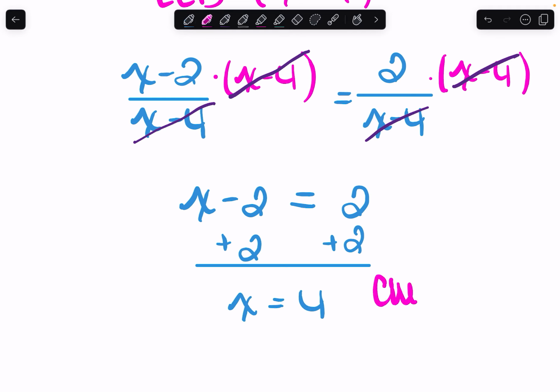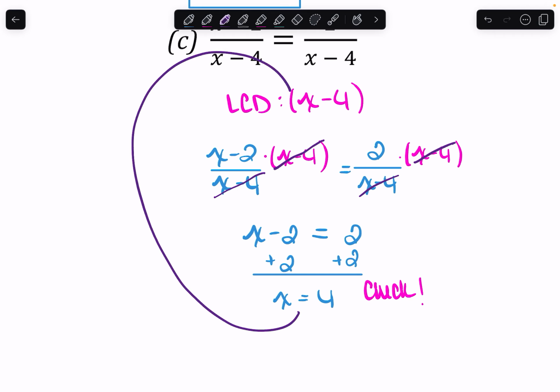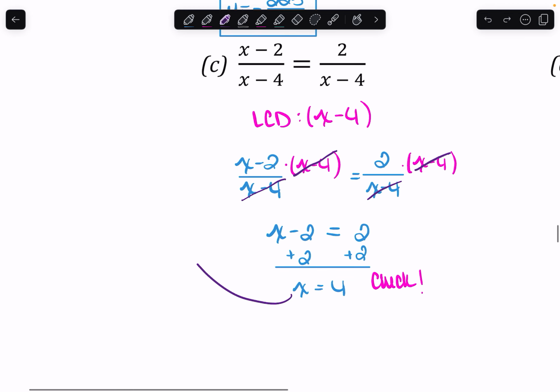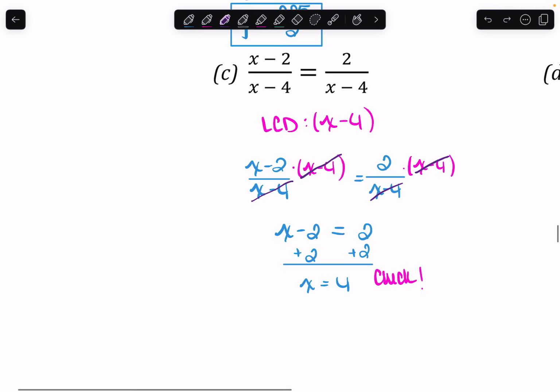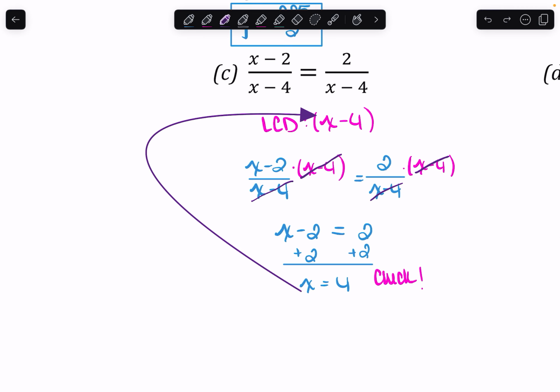Don't forget to check. The easiest place to check is with the LCD. So I'm going to take my solution 4 and plug it into the LCD. I'm trying to get it to do a nice arrow. Third try. It's usually the one it likes. There we go. So we're going to plug it in right there.